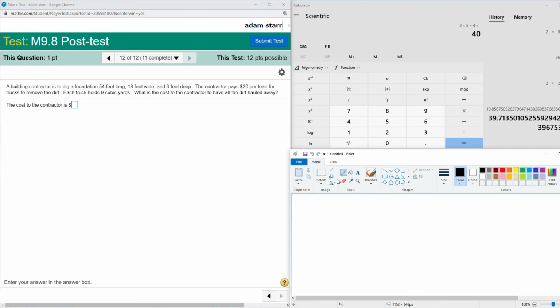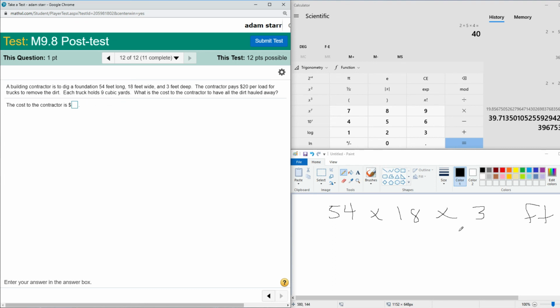So my foundation, it's going to be a rectangular prism. We have the length times width times the height. Okay, so my dimensions are 54 times 18 times 3. But this is in feet. I know eventually I'm going to have to talk about in yards, because that's telling me how much each truck holds.